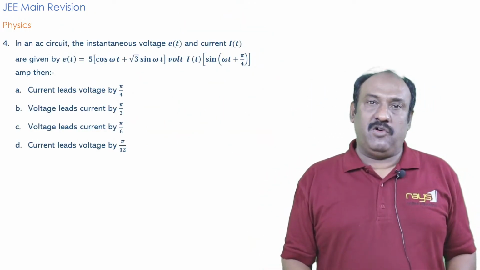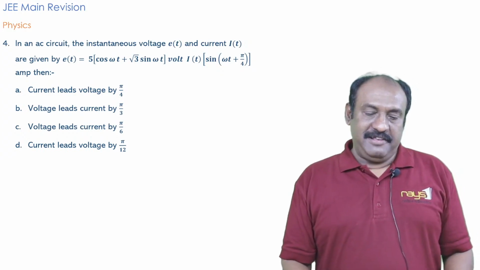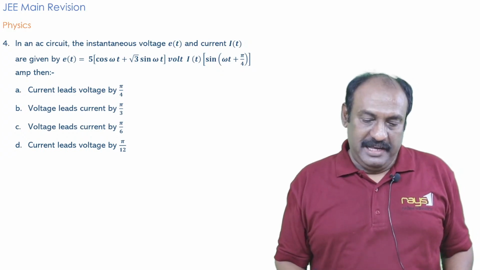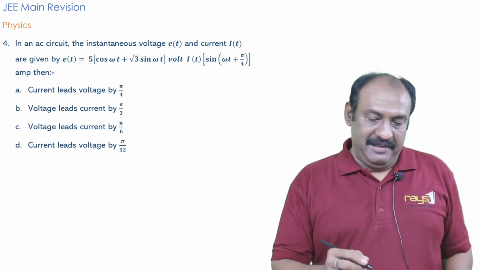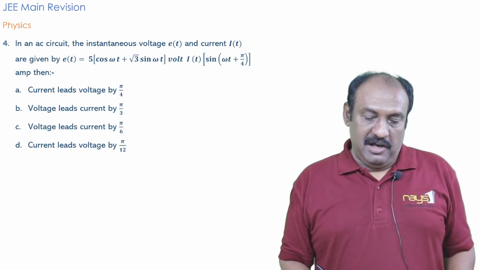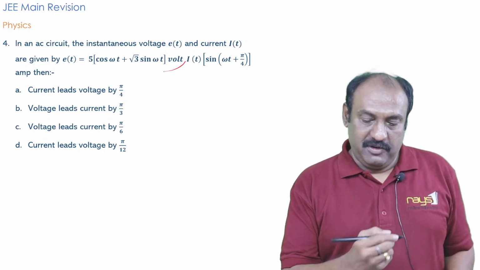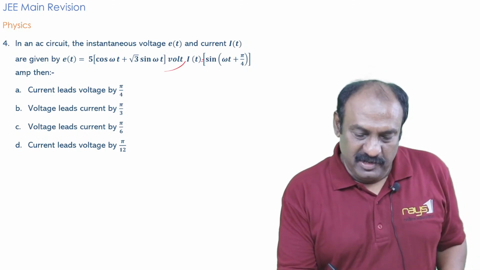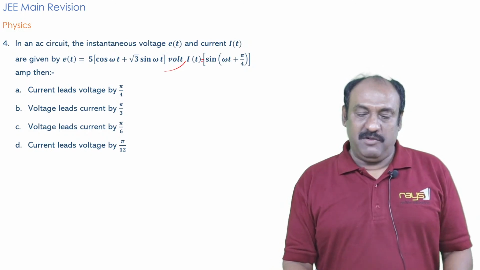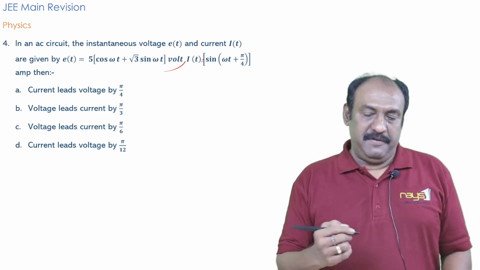Question number 4. In an AC circuit, the instantaneous voltage and current are given as E equal to 5 cos omega t plus root 3 sin omega t volts, and I is equal to sin(omega t plus pi by 4).